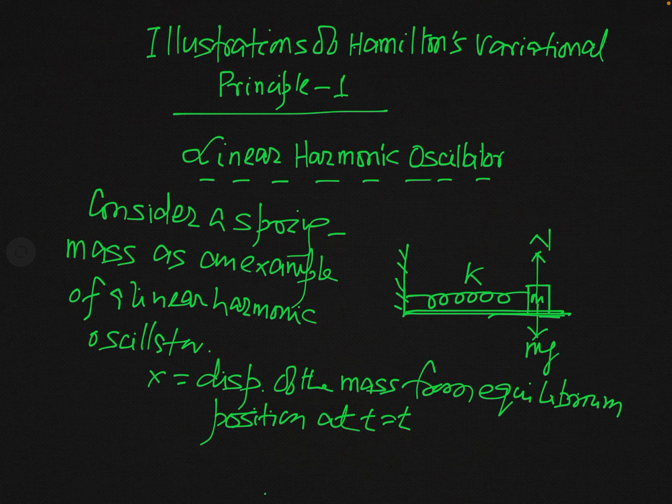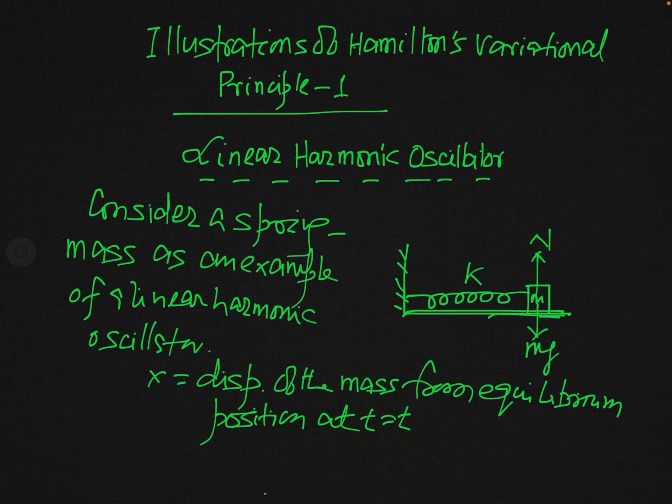Since the spring force is a conservative force, you can say that this linear harmonic oscillator, or this spring mass system, is a holonomic conservative system. And you know, Hamilton's variational principle is applicable in the case of a holonomic conservative system. So we can apply the concept of Hamilton's variational principle to solve this problem.